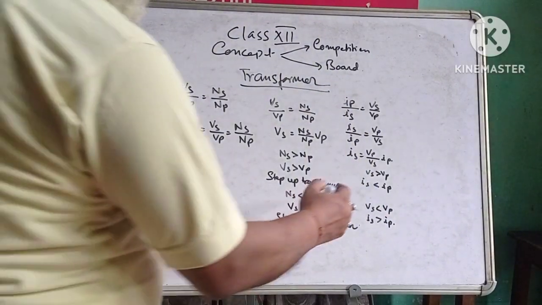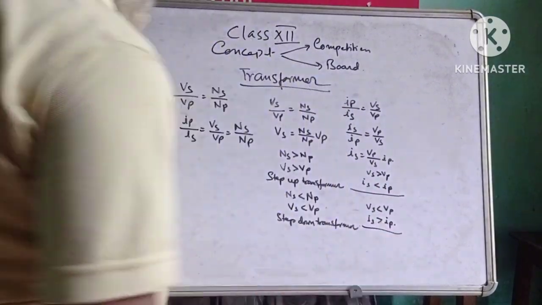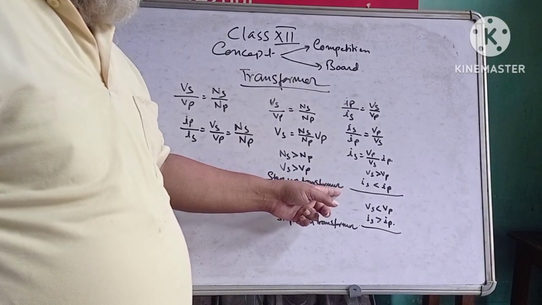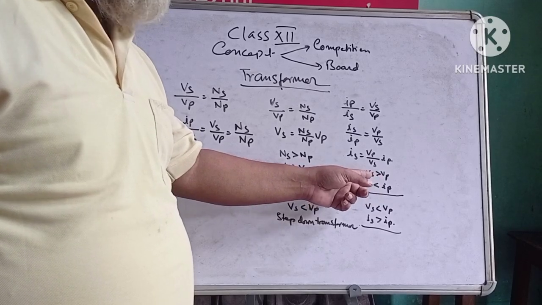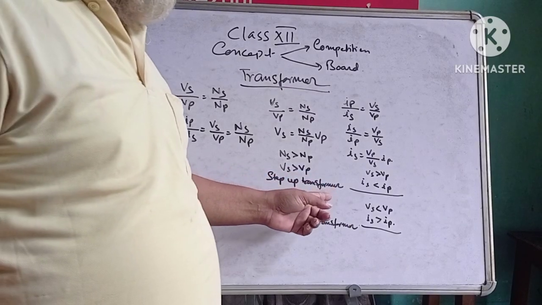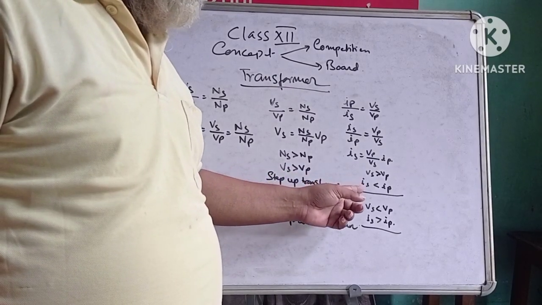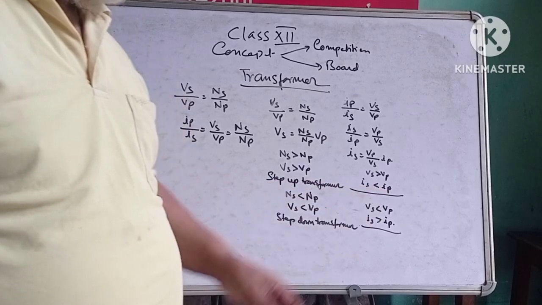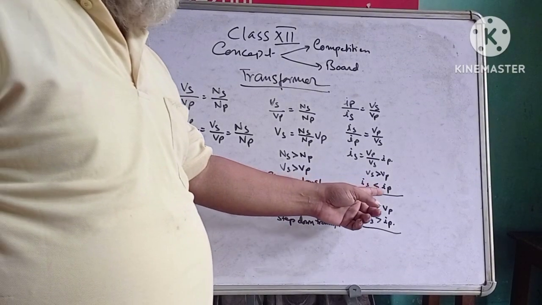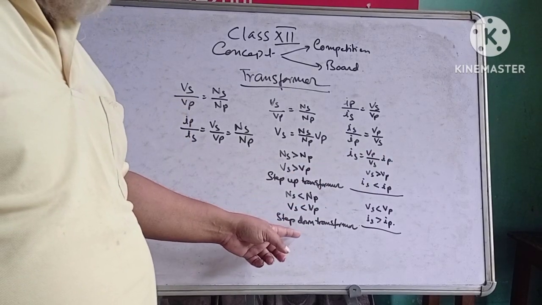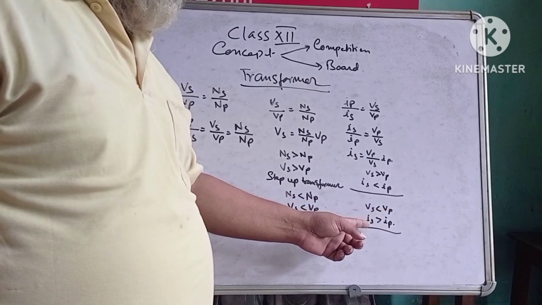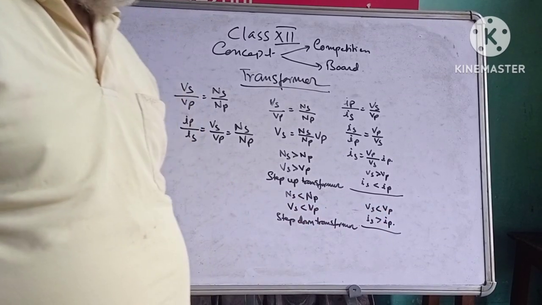So the important point I want to tell you is that in a step up transformer, no doubt the output voltage is greater than the input voltage, but your current in the secondary coil is less than the current in the primary coil. Similarly, in a step down transformer, your Vs is less than Vp, but your current in the secondary coil is greater than the current in the primary coil.